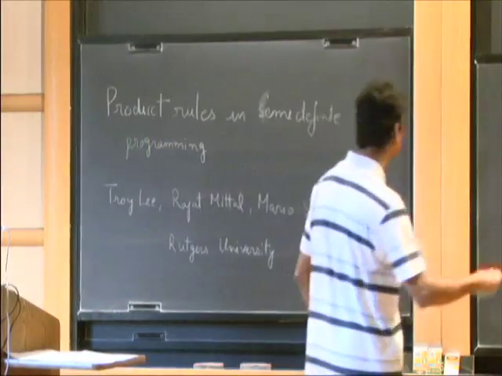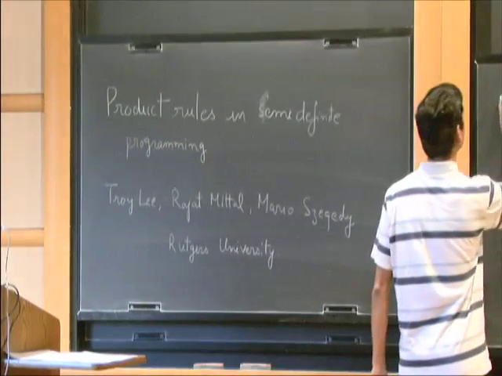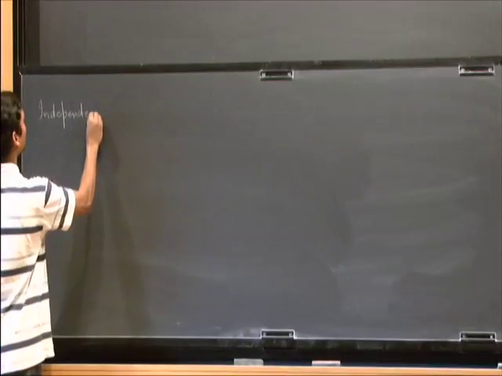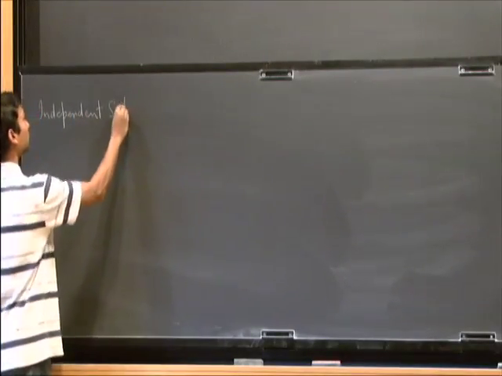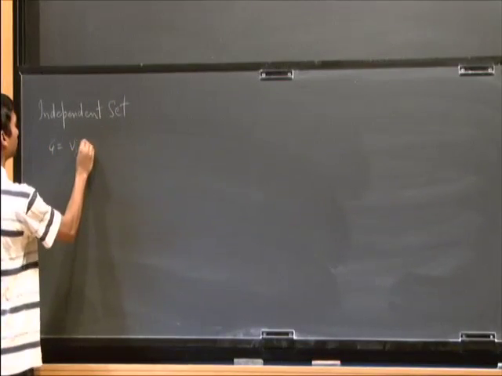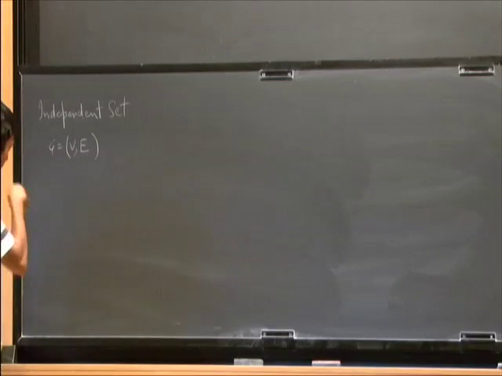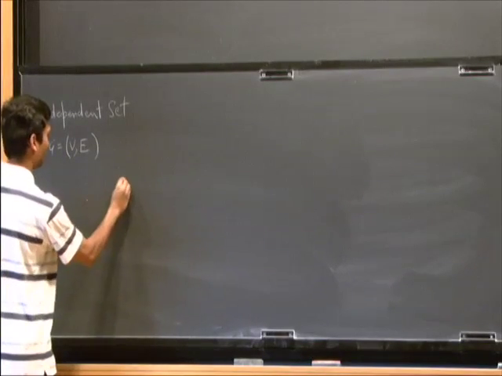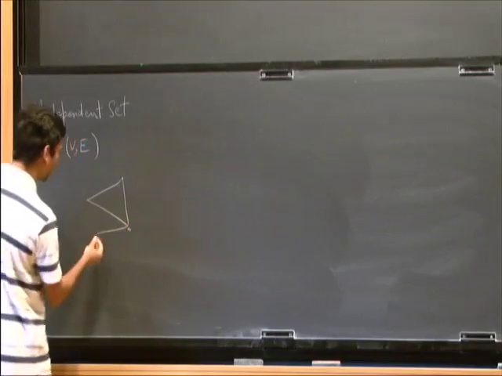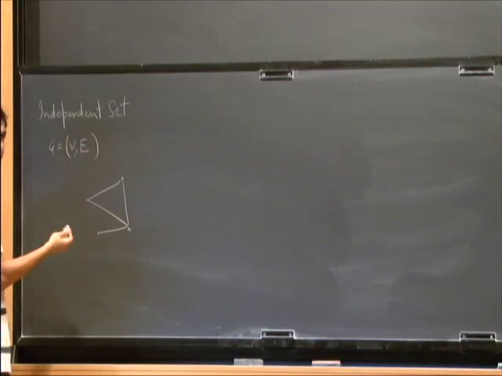In complexity, one well-studied problem is independent set. You are given some graph, and you want to find a subset of vertices such that no two vertices in that subset are connected.